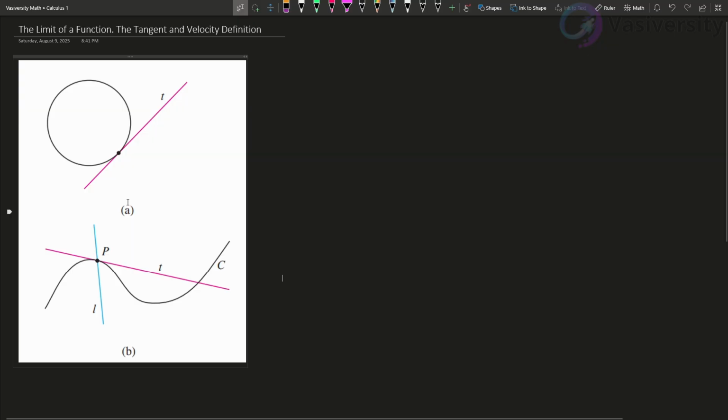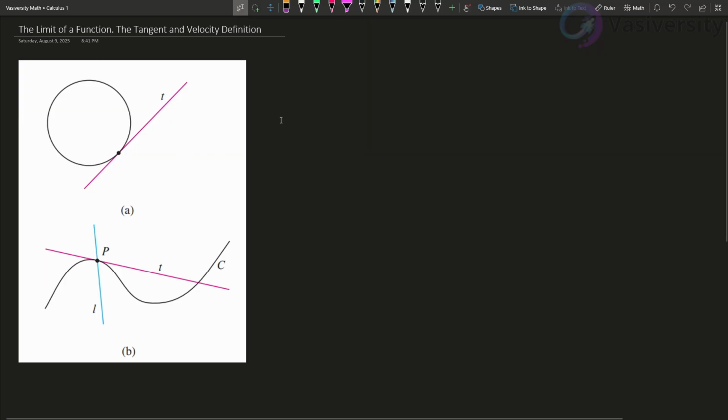For more complicated curves, in curve B, the two lines L and T pass through a point P on a curve, and the line L intersects C only once, but it certainly does not look like what we think of as a tangent, because it intersects twice. So we have to be careful, but we're going to be learning in calculus what it means to have a tangent line.